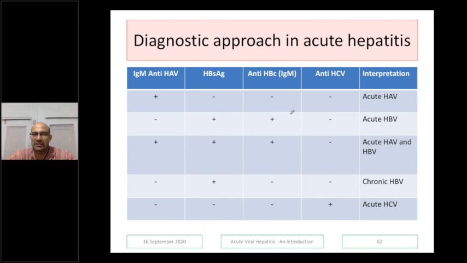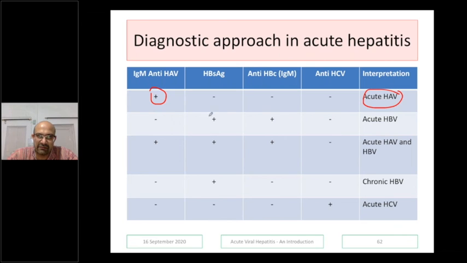So for an undergraduate level, this is a simple diagnostic approach that you can remember. If IgM type of anti-HAV is present, but none of the other B and C markers are positive, obviously, it is an acute HAV infection.